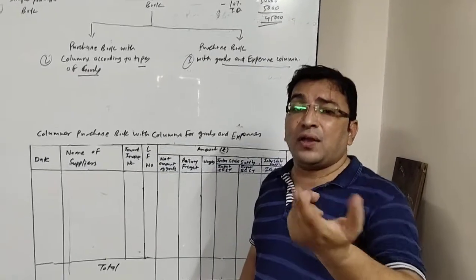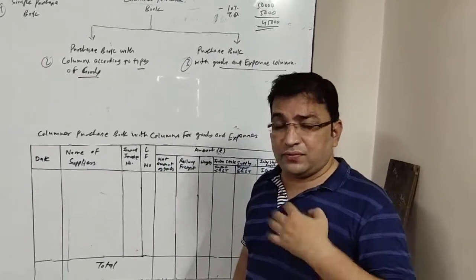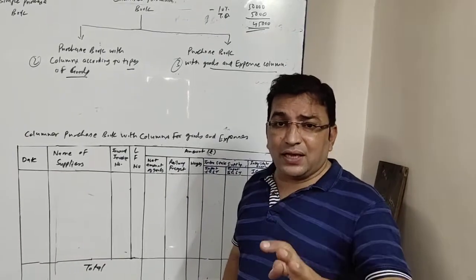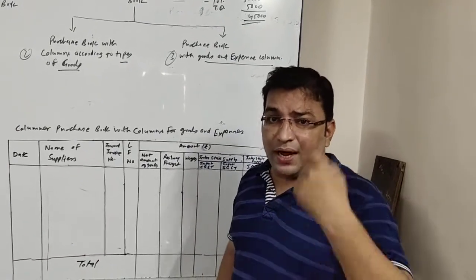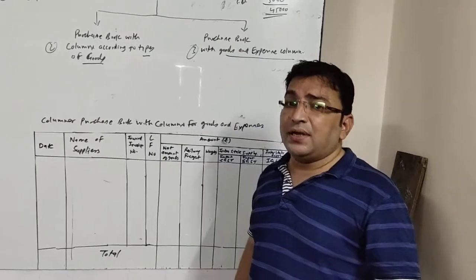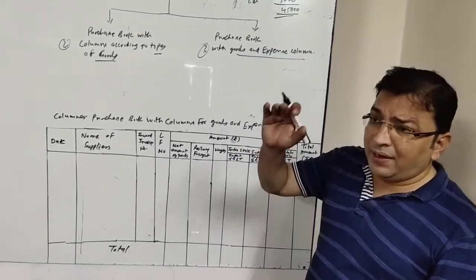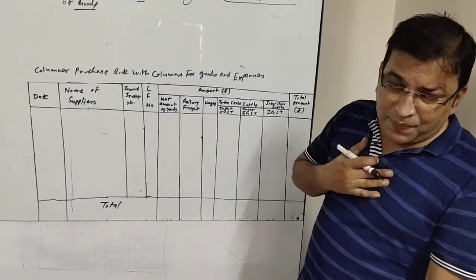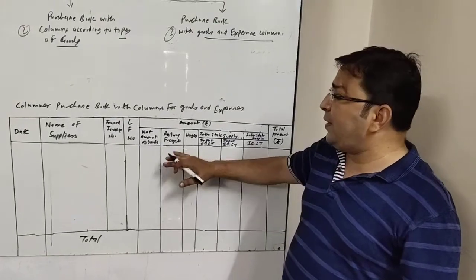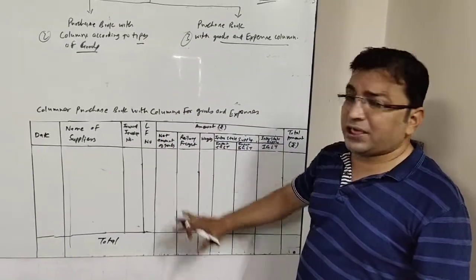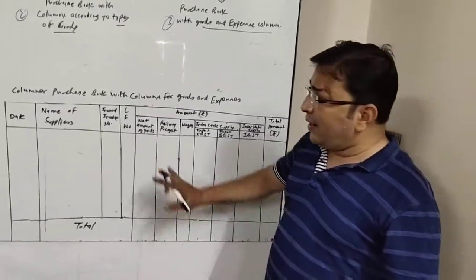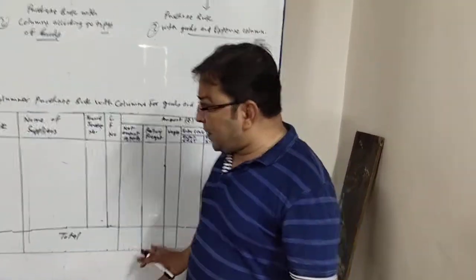That means now he will recover 11,000 from us: 10,000 for the goods he has sent and 1,000 for expense. So in such a case, when the supplier is paying expenses on our behalf, we make separate columns for expense also. Let us have a look at the specimen.